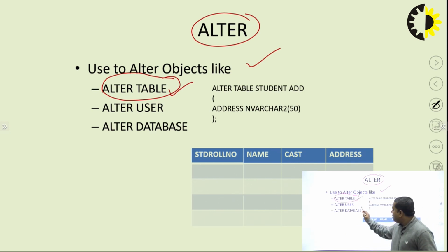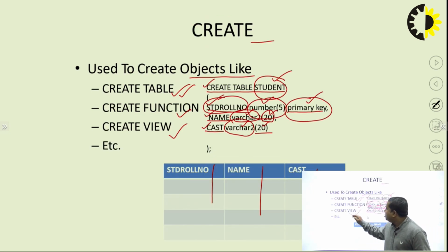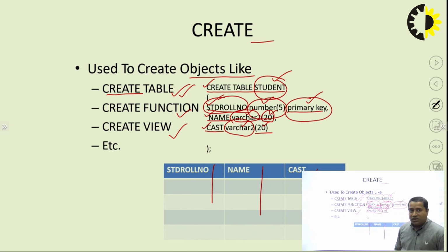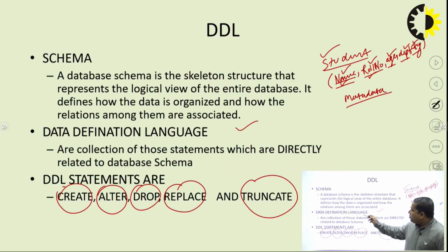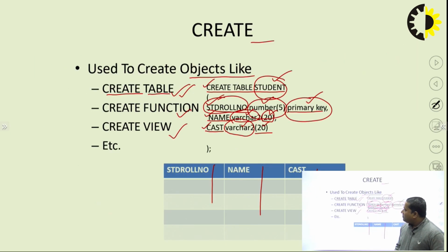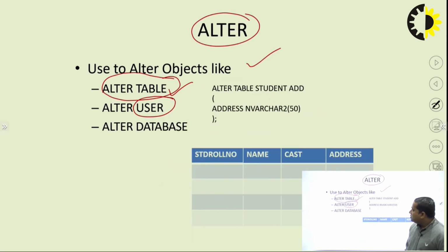Alter can be used on a table, and also on a user. If you want to create a user, we use the create user command. There are certain types of users along with their attributes that will be defined using the create command. So we can also use create for creation of users.